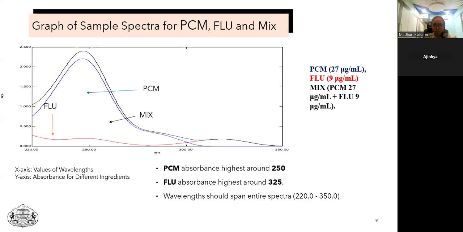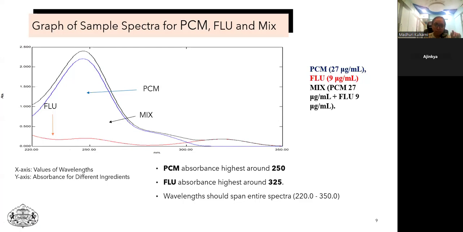So we can say that when it comes to absorbance, paracetamol is going to dominate the flu values. Moreover, if the wavelength is less than 300, then we will likely be able to easily estimate the first component because its absorbance values are large. But when the wavelength is more than 300, then we can estimate the second component, flu, very easily. Because look at the mixture curve, which is nothing but the absorbance values for the mixture of PCM and flu.